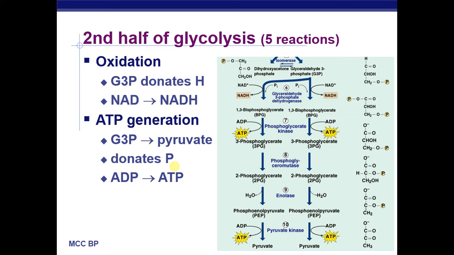And then the second half of glycolysis is the oxidation part. We're removing electrons and donating them to NAD plus to make NADH. We also generate ATP directly. Here if you see, and here if you see.